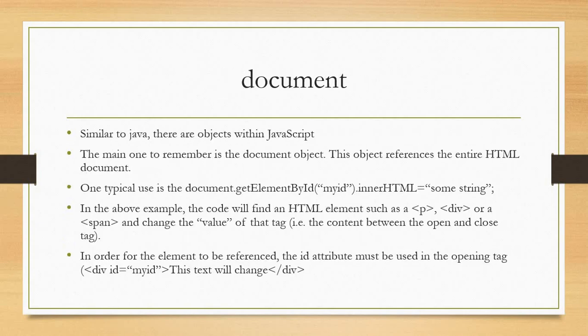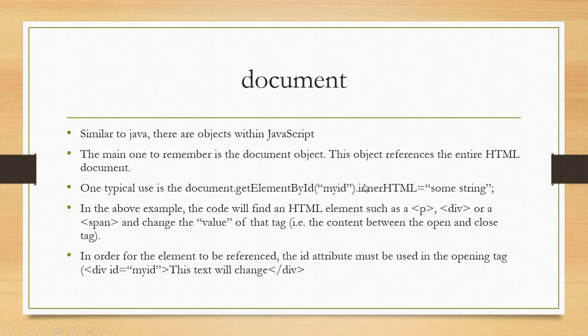Again, there are objects within JavaScript, just like Java code. For example, document. Here we have the example document.getElementById, my ID, .innerHTML equals some string.